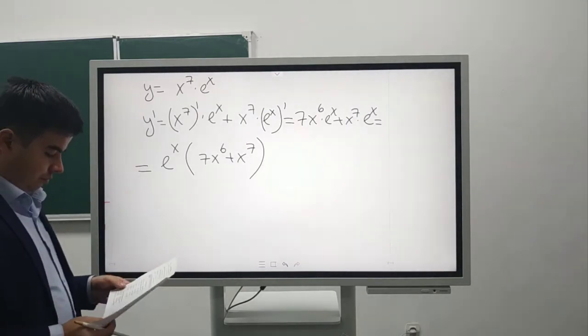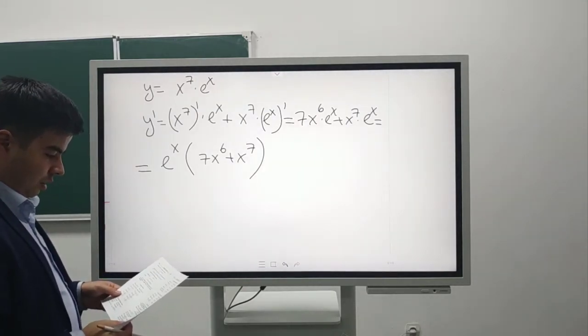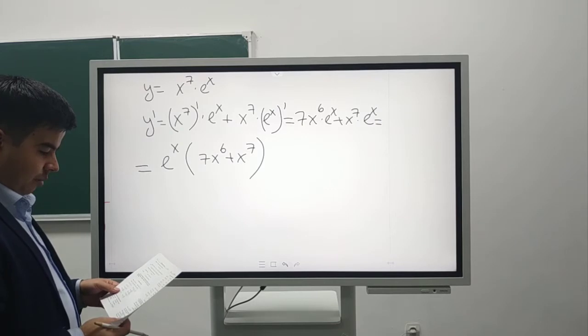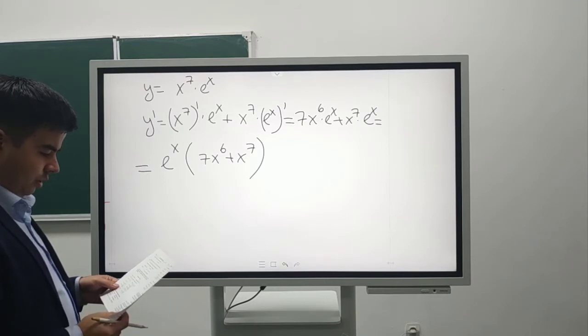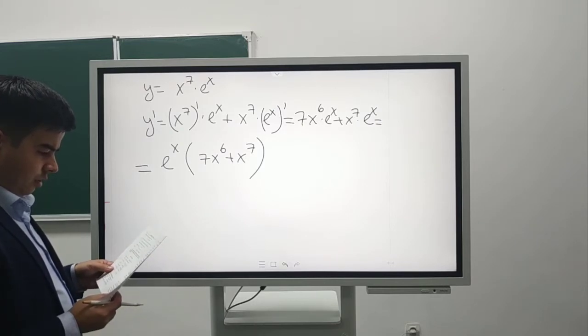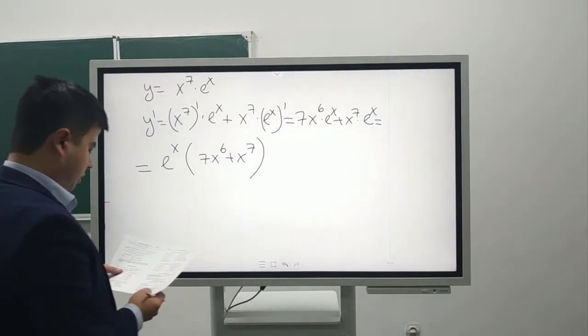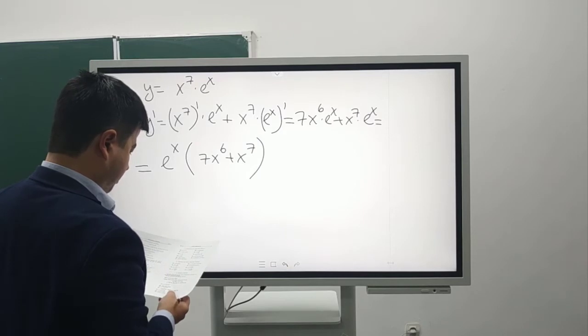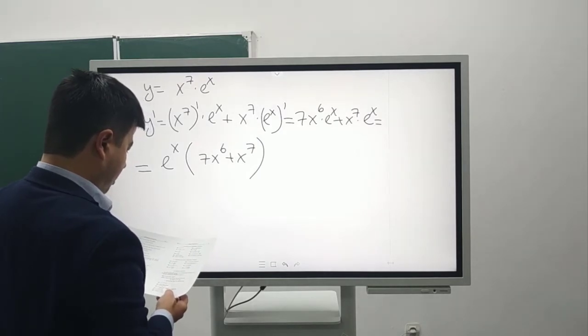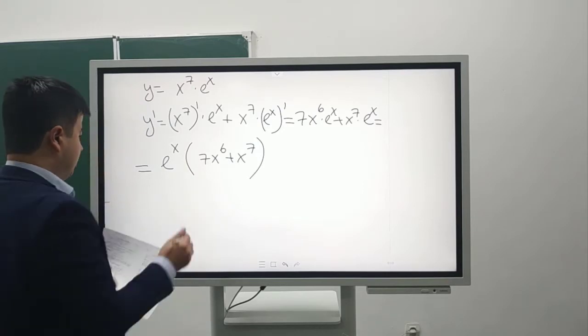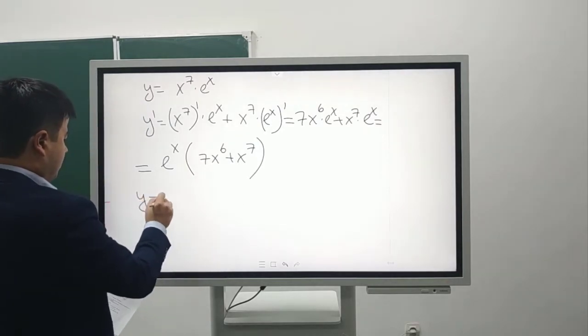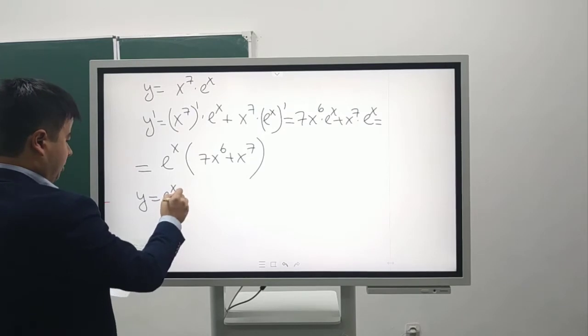Okay, now the next example. Let's consider this one: e to the power of x times arc sine x.